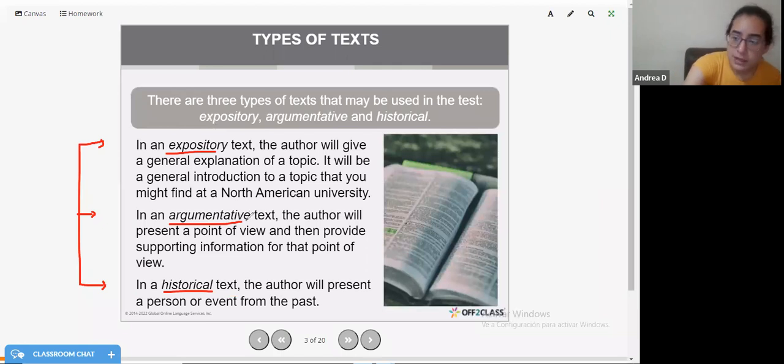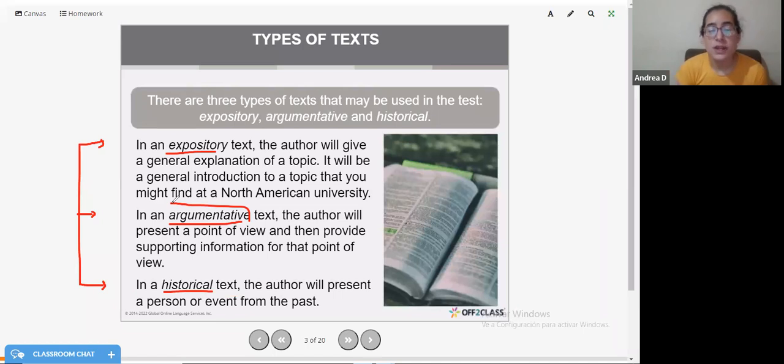Sometimes you have an argumentative type of lecture where the professor actually has an opinion and is trying to convince the students of something. So maybe the professor is in favor of nuclear power, trying to support the idea of replacing renewable sources of energy with nuclear energy.